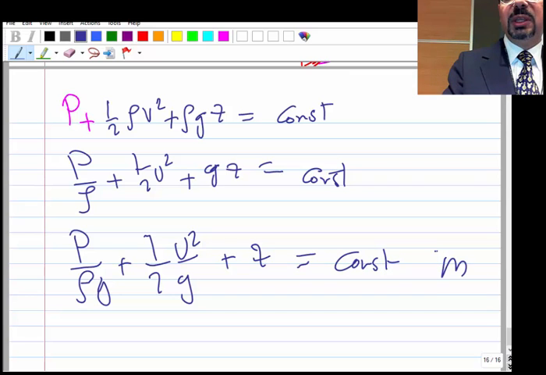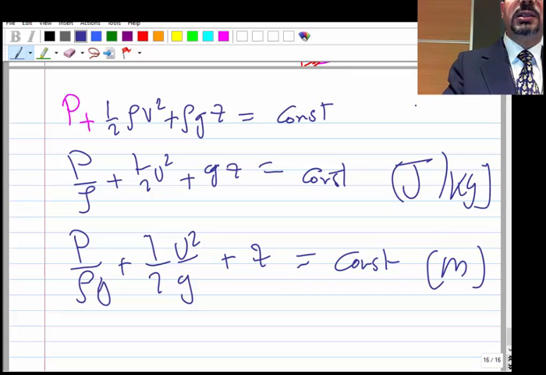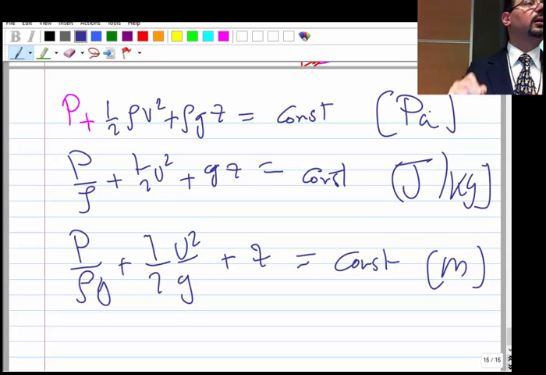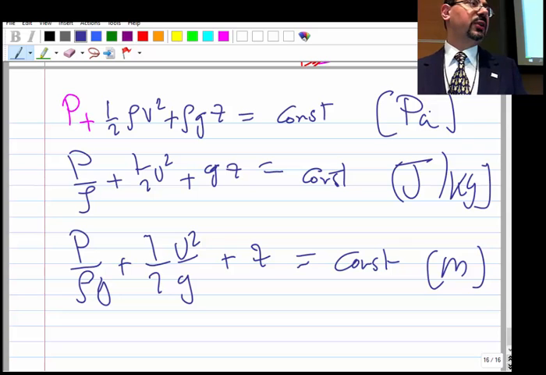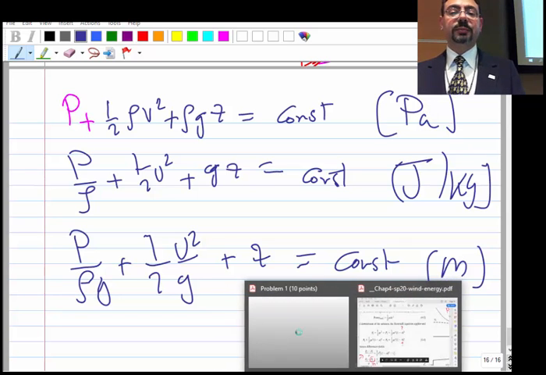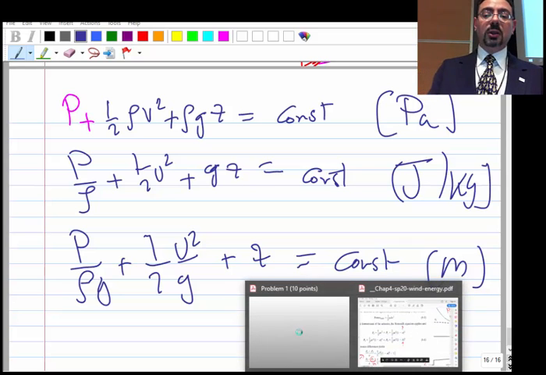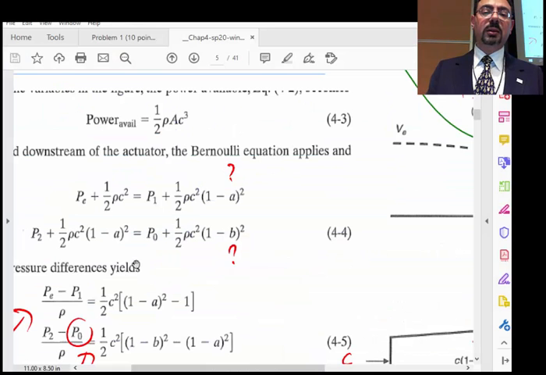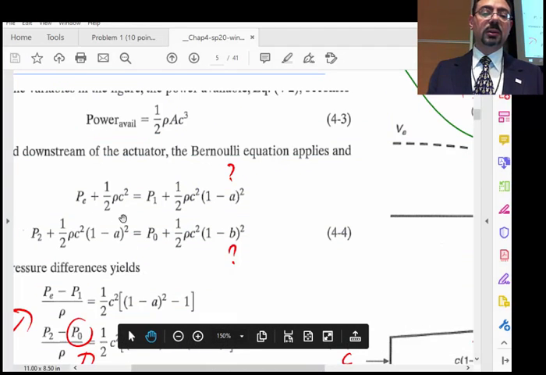This has a unit of meter, this has a unit of joule per kilogram, and this has a unit of Pascal. Same equation, just different units, right? So he's writing them in which unit?